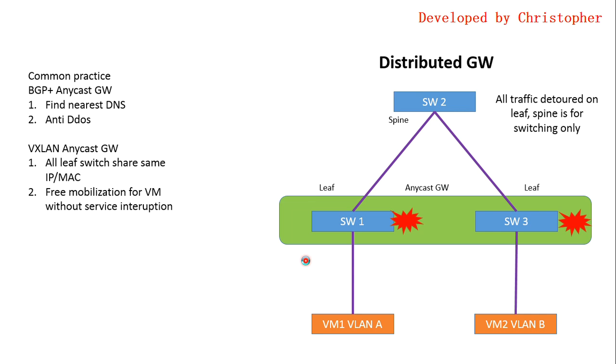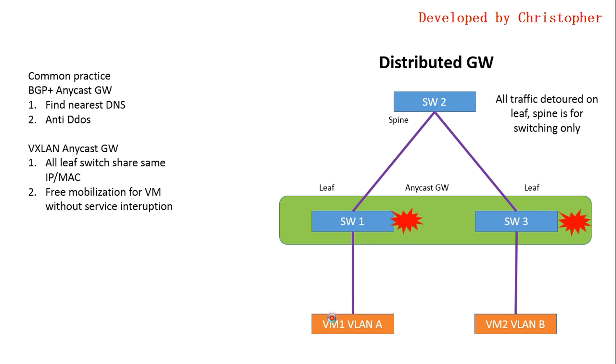And then here for the VXLAN Anycast Gateway, as you can see, all of the switches share the same IP and MAC. There are two ways from Cisco's point of view. One is to manually configure the MAC address, and the other is called MAC ADS, which means, for example, switch 1 will tell switch 3, hey buddy, this MAC address I give you is the gateway MAC address for virtual machine 1.